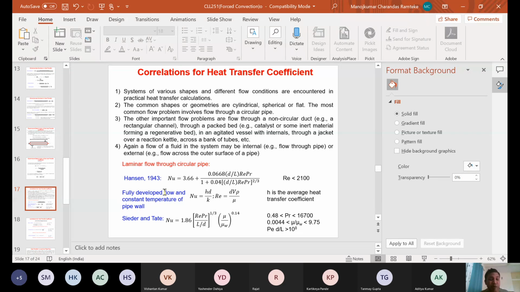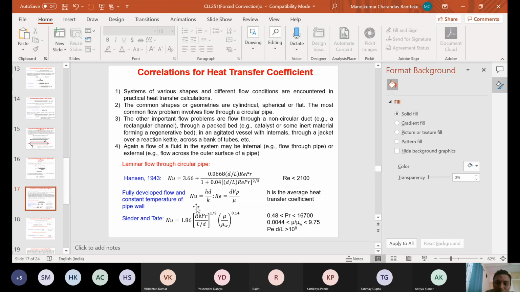Whatever final expression they obtained, the correlation they developed is something similar to that. So all these correlations made by people are not completely arbitrary. There is some physics involved. Okay, is it clear?